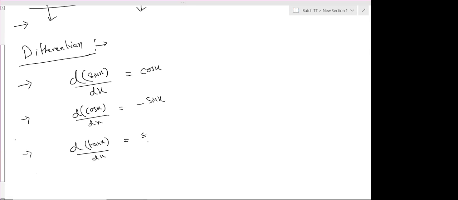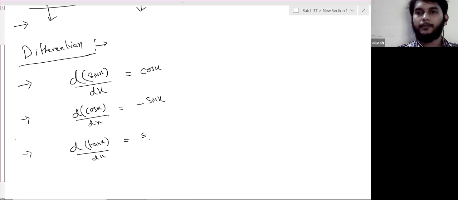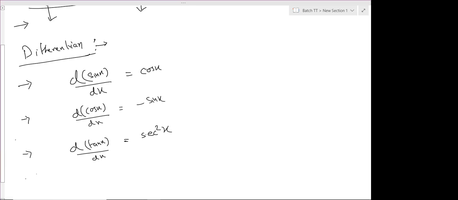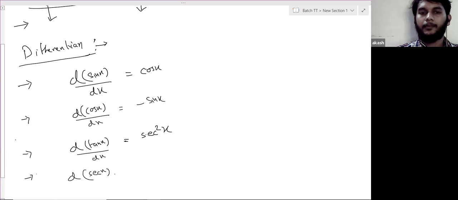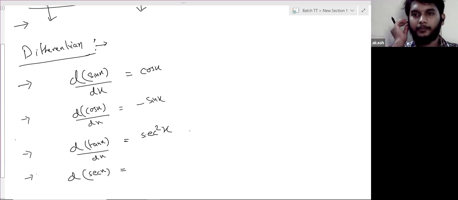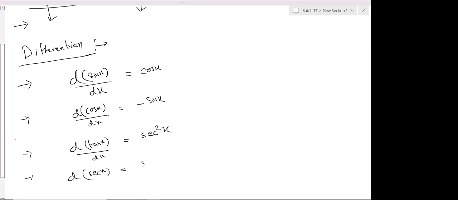No. Kinza? Sec square x. Absolutely. And differentiation of sec x? These formulas we have to know, otherwise this whole chapter is meaningless. Sec x tan x. Absolutely.